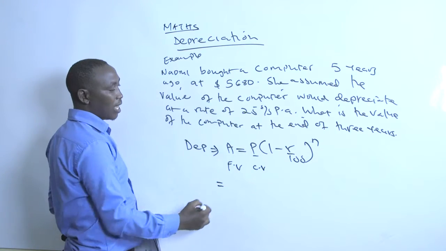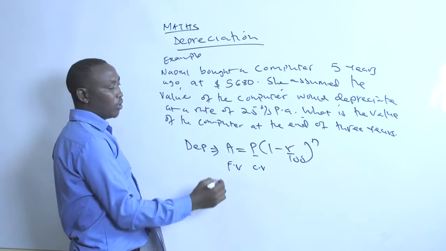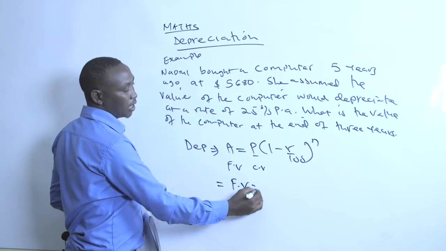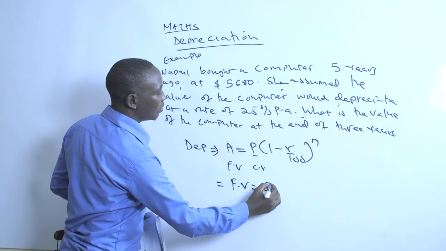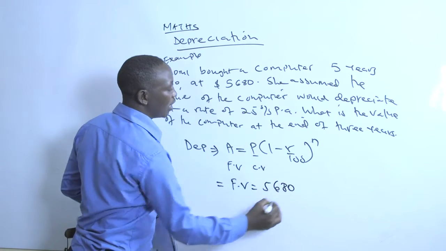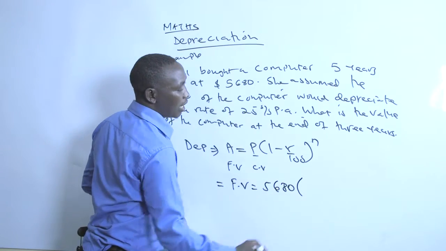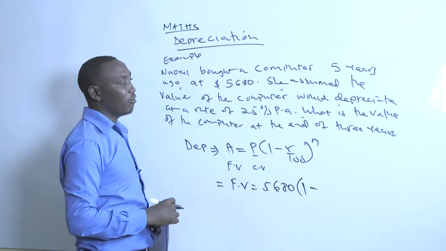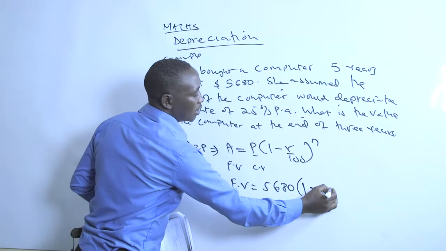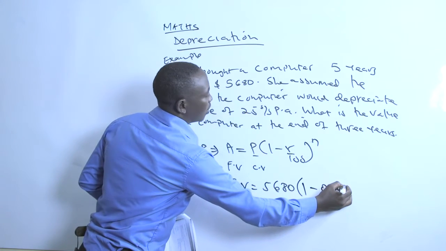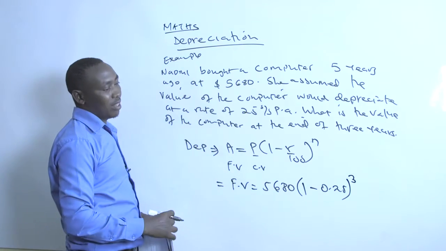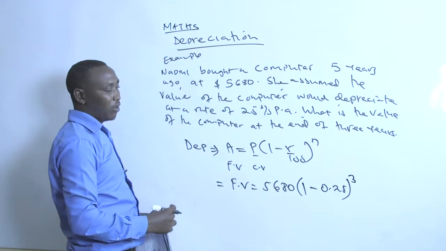So in this case, at the end of 3 years, the cost of the computer will be 5,680 multiplied by 1, subtract, it is depreciating at a rate of 25% as a decimal, that is 0.25 raised to power 3, which is the period of time.